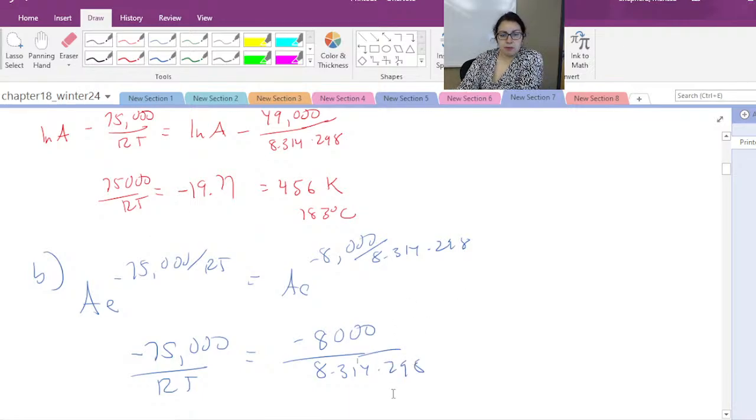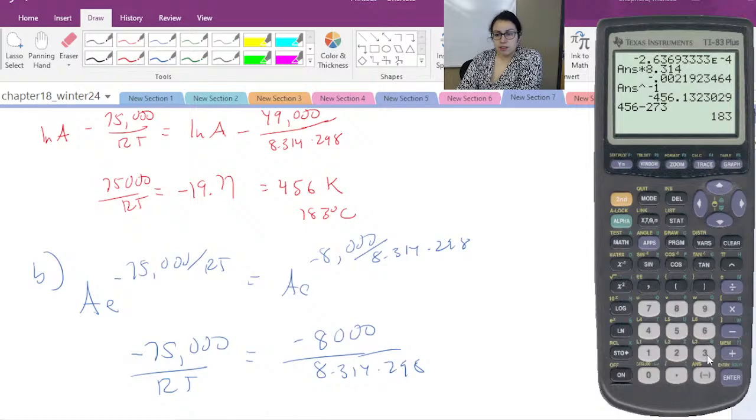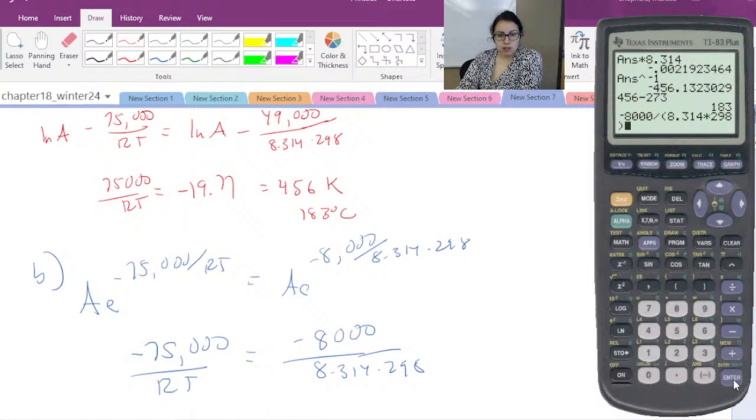And so what do people get for their temperature as I plug this in? Any brave guesses? Yeah, you said 2,500 degrees Celsius? Yep, that's at least what my answer key is showing, so I'm still plugging it in. Did other people get that?